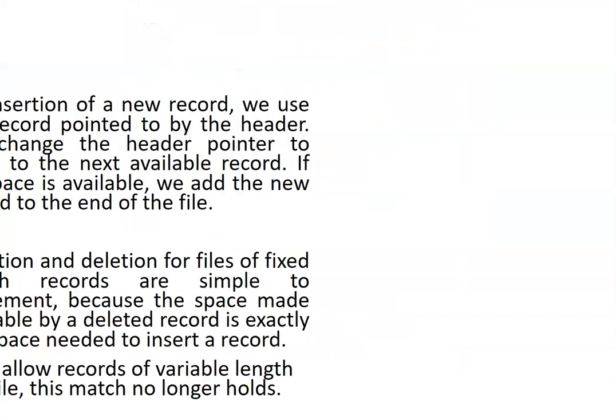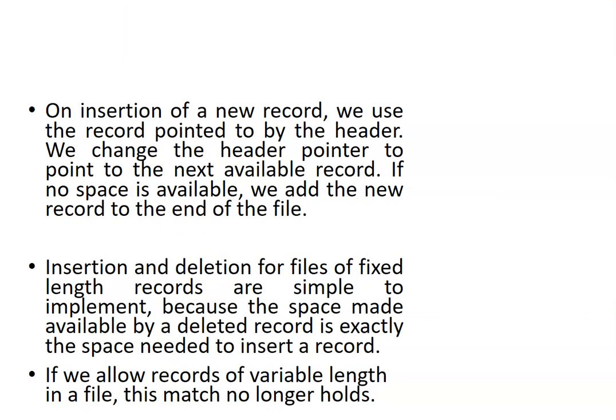On insertion of a new record, we use the record pointed to by the header. We change the header pointer to point to the next available record, and if there's no space available, we add the new record to the end of the file.